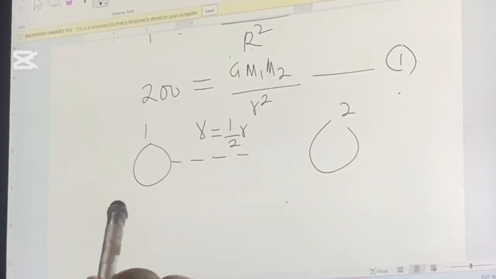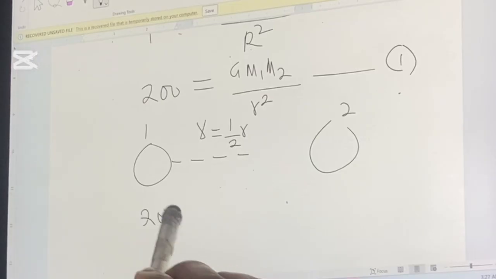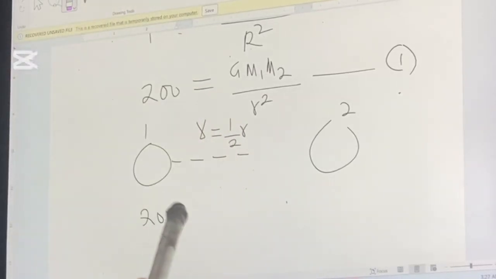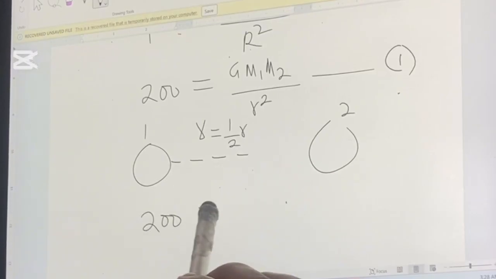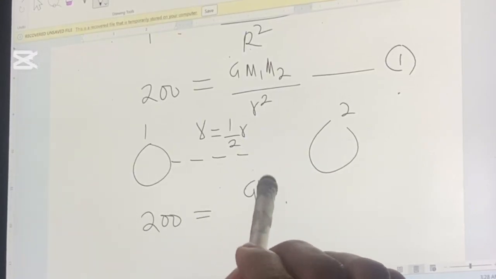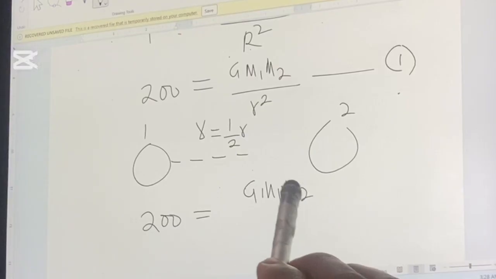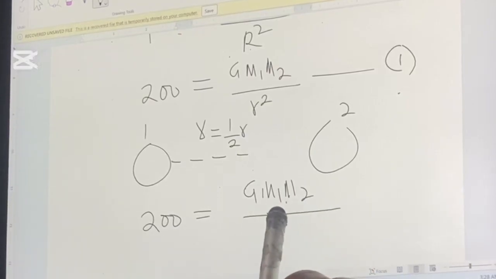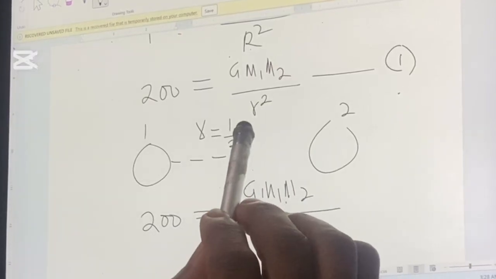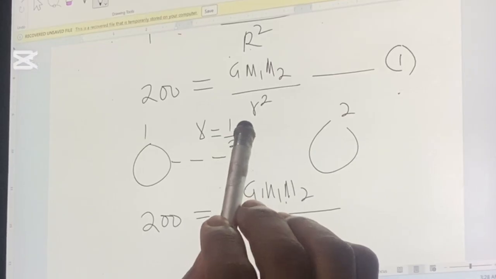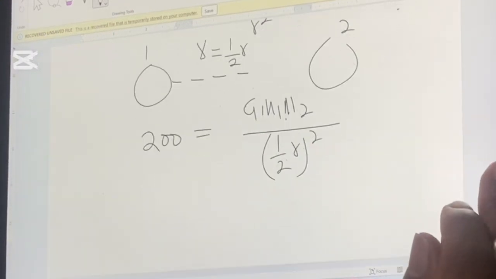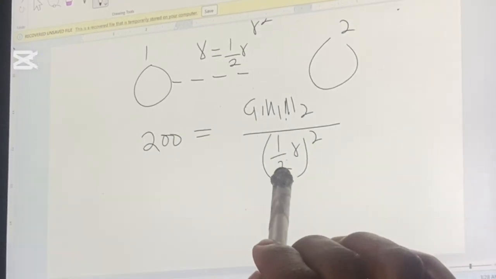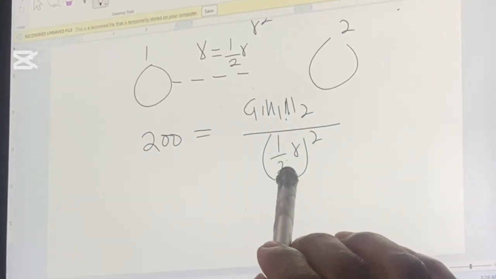So when you replace that, I will have 200 is equal to G m1 m2. The only parameter that changes here is the radius, that is the distance, which is half. So this is going to be 1 over 2 of the distance, all squared.